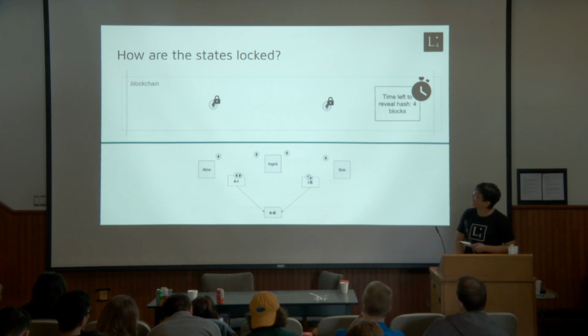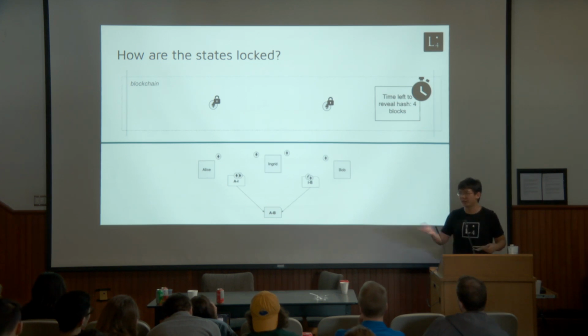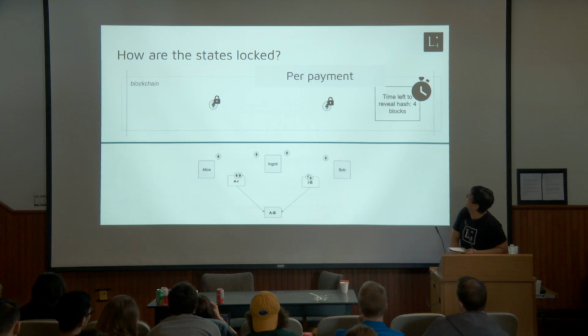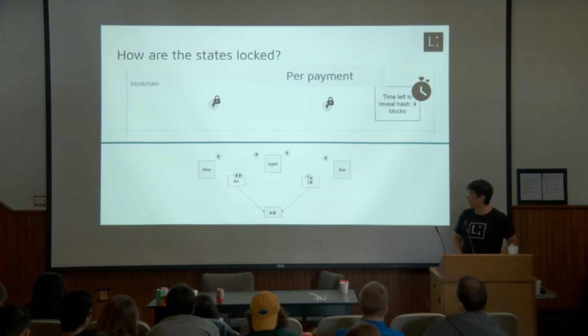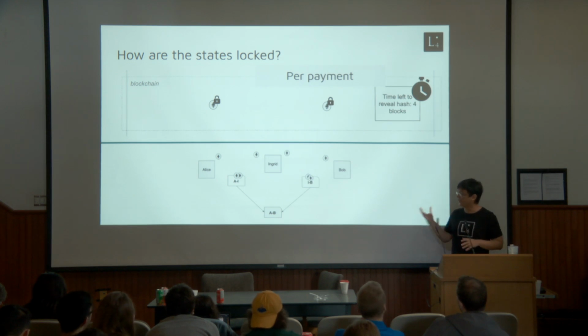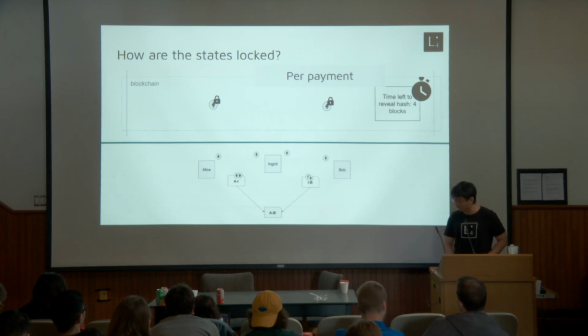In the hash-based example, they are released when a hash is revealed, and a hash revelation constitutes the payment. So they are locked per payment: you lock it and then you do one payment. Whereas for the virtual payment channel example, they are locked for some amount of time, and at the end of that period, as I've described it, this thing resolves to something. So it's most natural to think about it as being locked for some amount of time.